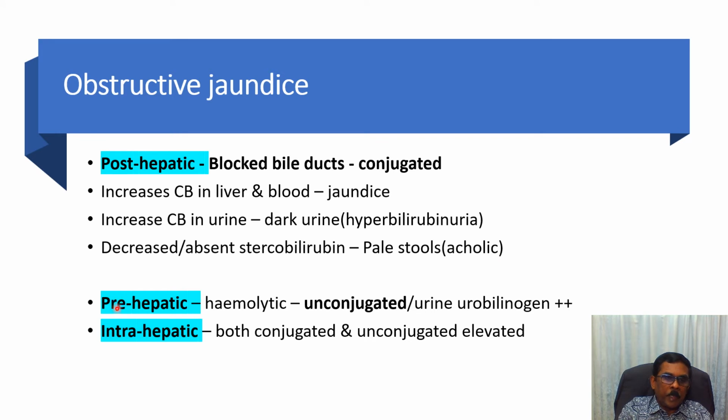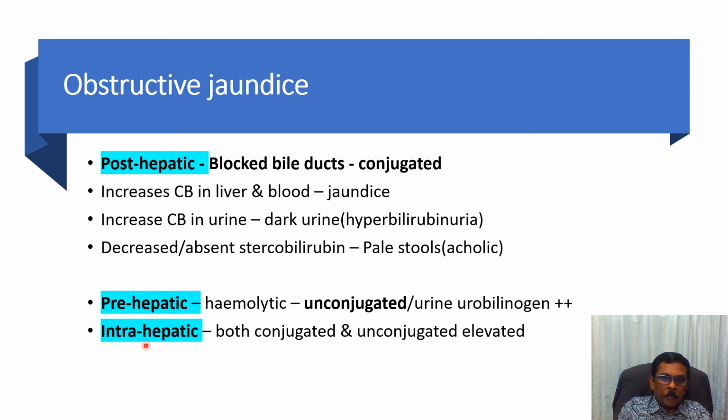The other prehepatic and intrahepatic causes of jaundice are usually medical causes. Prehepatic is usually increased destruction of RBC, and this is known as hemolytic anemias, where the unconjugated bilirubin and the urobilinogen become markedly increased.